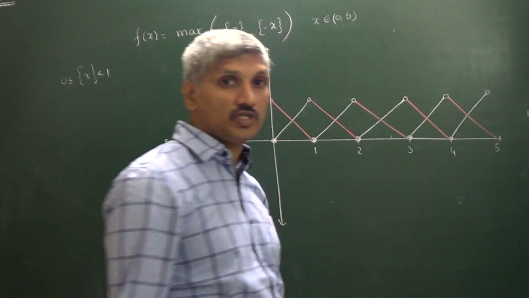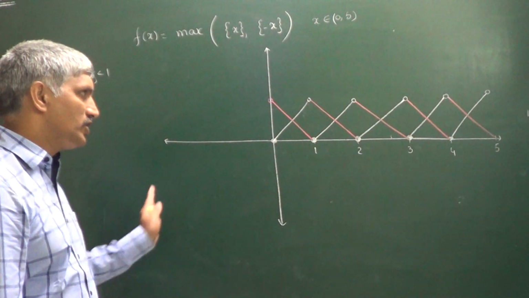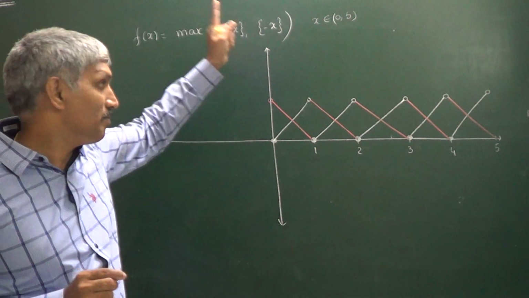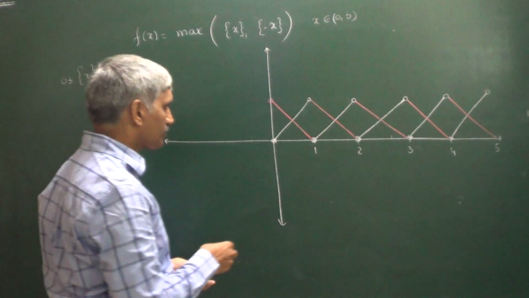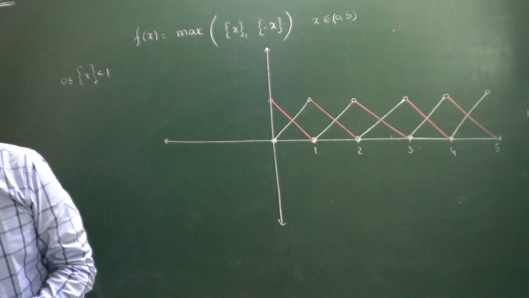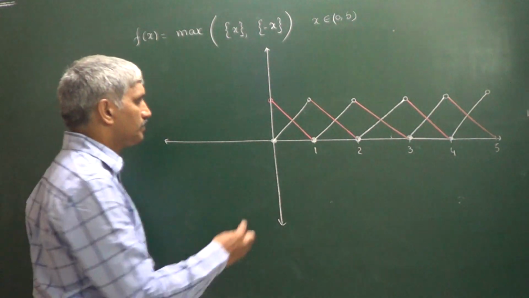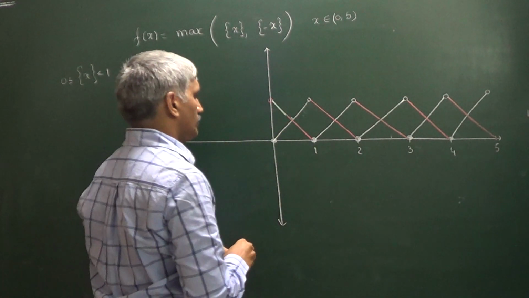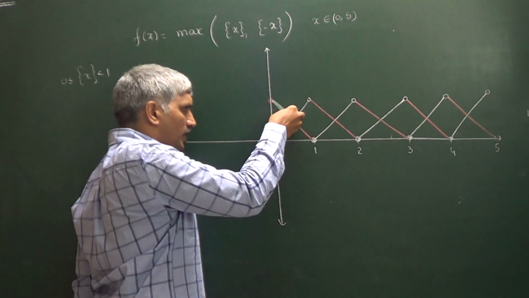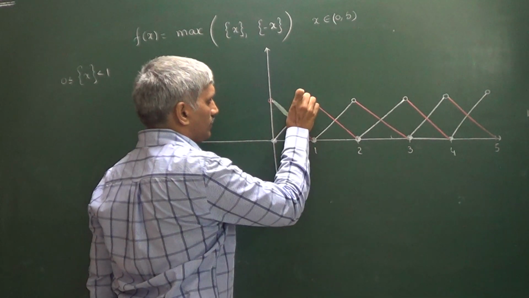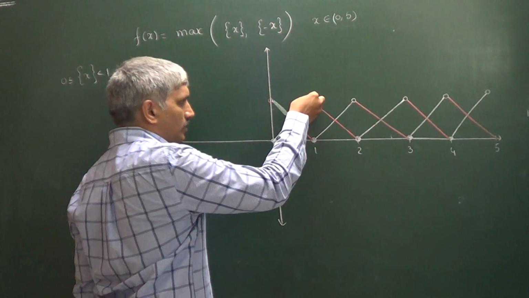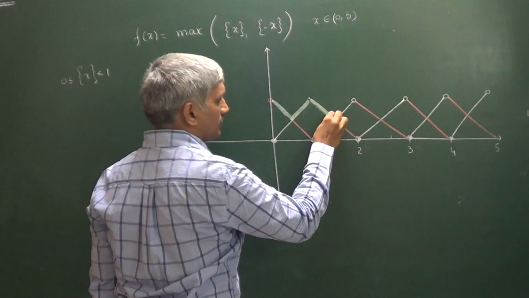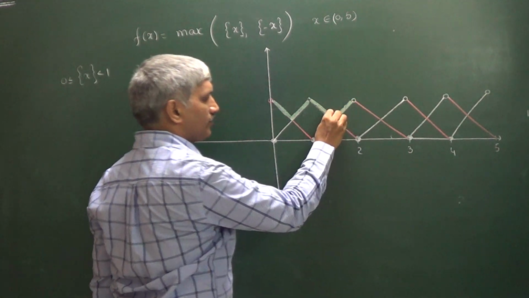Afterwards it is not required for us. Now in these graphs we have to consider the maximum among both the graphs, right? Observe here, I am drawing the maximum of these two. The portion which I am shading now with green is the maximum.